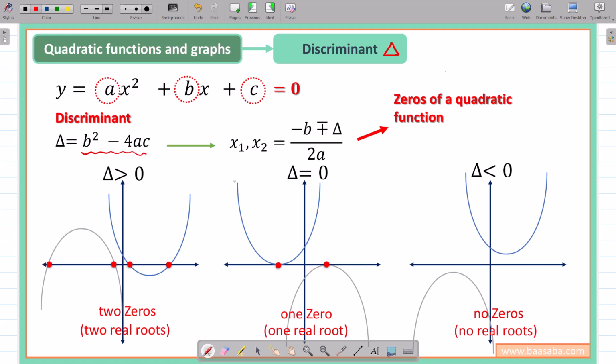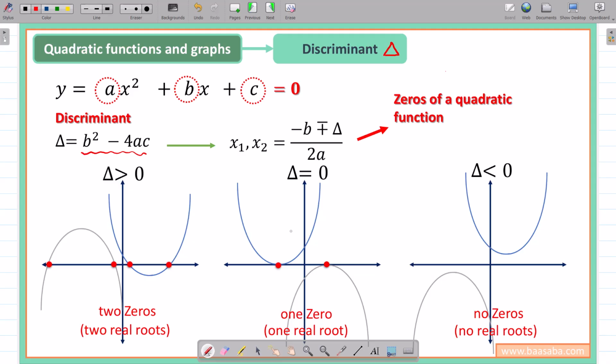But here we're going to see what kind of data the discriminant gives us without calculating the exact zeros, and we're going to see how our graph will be by calculating only the discriminant.